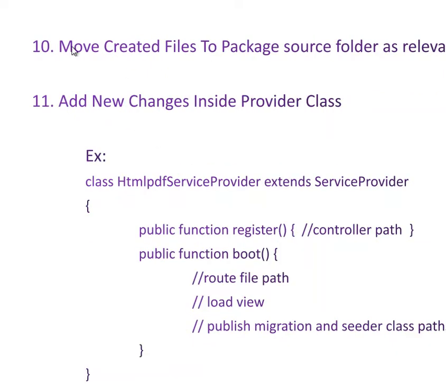To know more about migration and seeder, use the Laravel official website. Here, move the created files to the package source folder as relevant. As we discussed, we have to move the relevant files from the base path folder to our package folder.